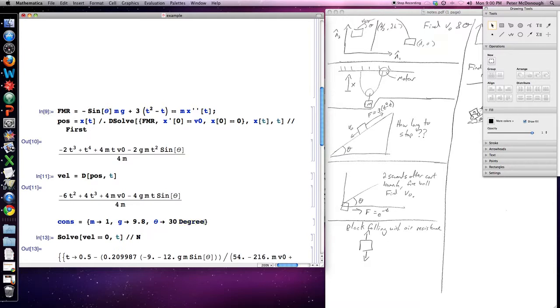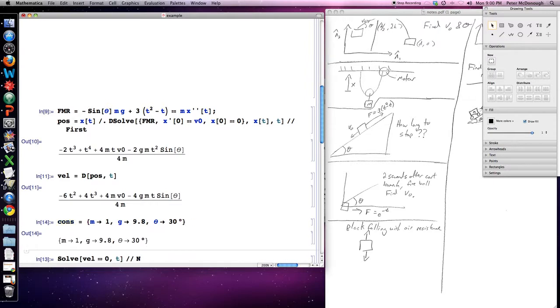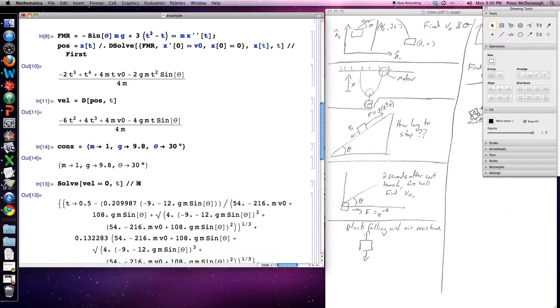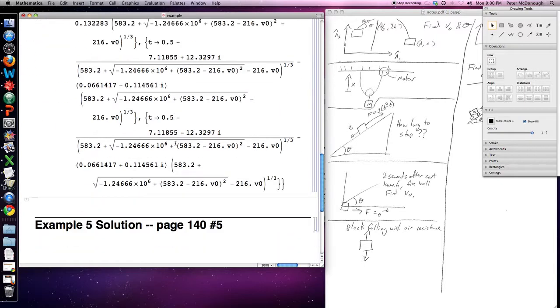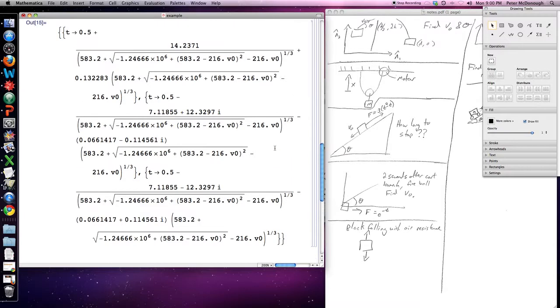So I can either say 30 degree like that, or I could say 30 Esc degree Esc, 30 degrees. And if I type this in then and say /. constants here, still got a hideously awful result, and it still has this v naught constant in it.